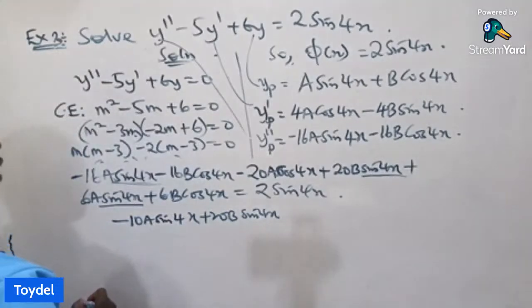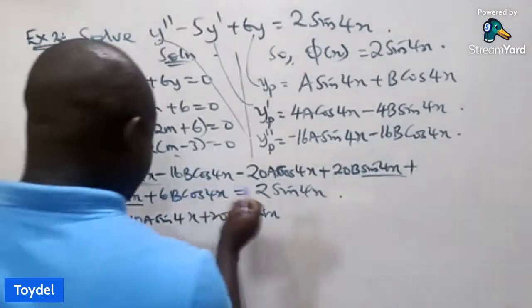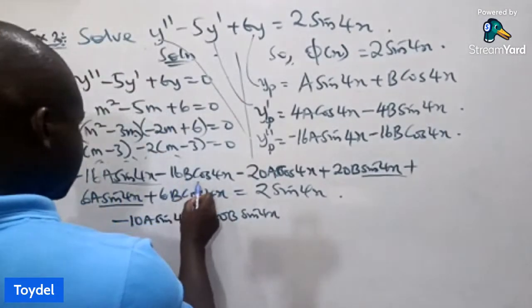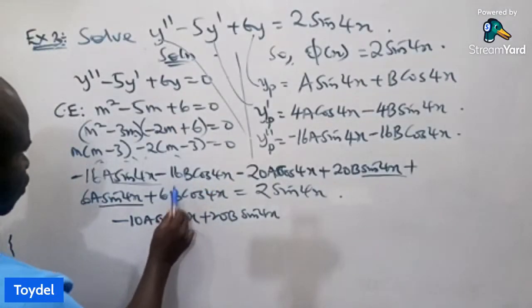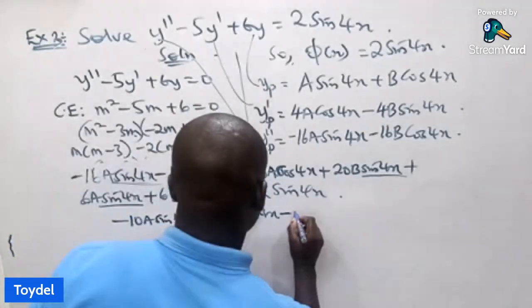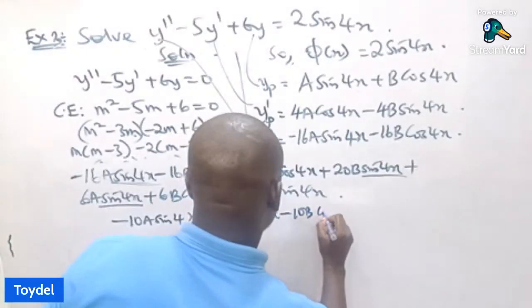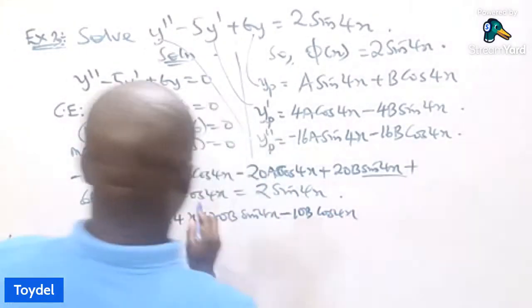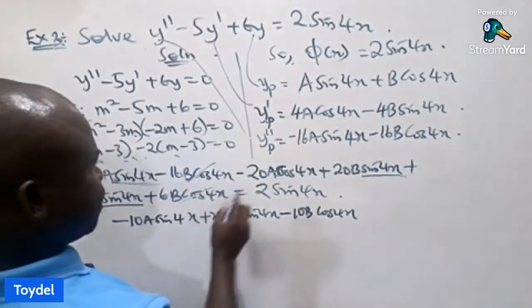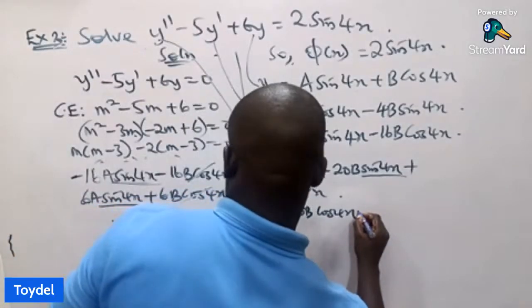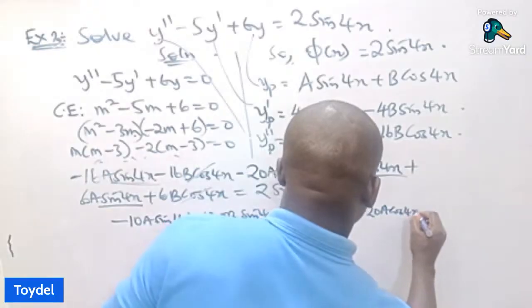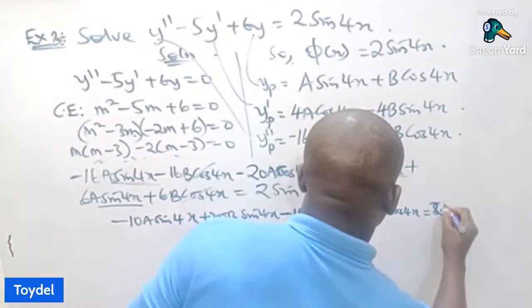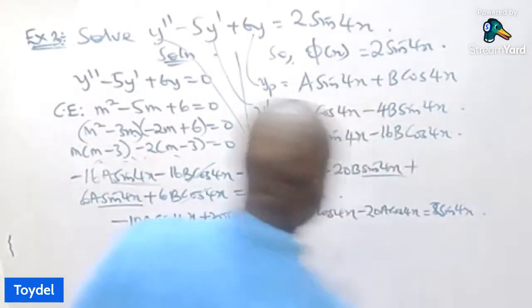Then for cos 4x, there is b here and b here, so we are going to have minus 10b cos 4x. We have taken this and this, and we are left with this, then minus 20a cos 4x. Everything equal to 2 sine 4x. That's what you are going to get.